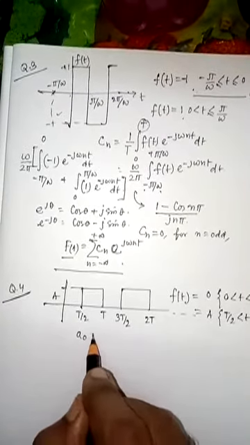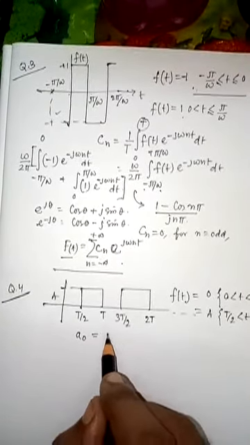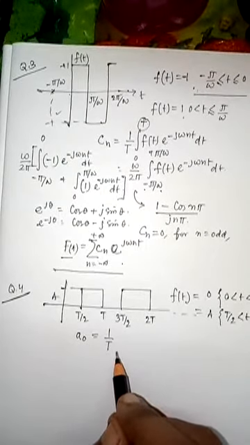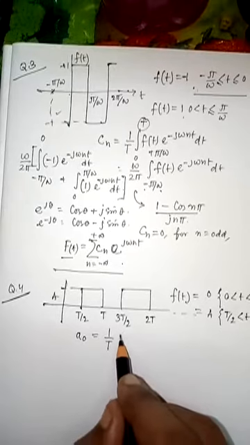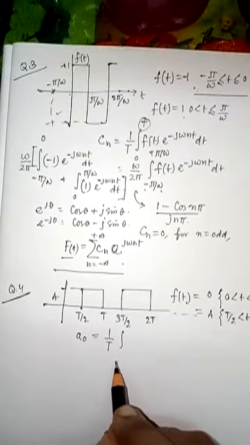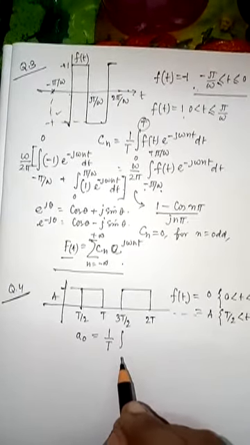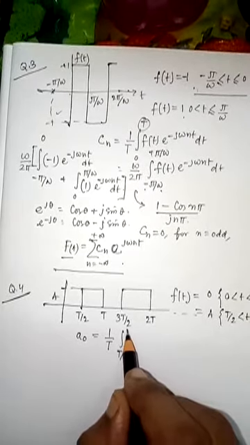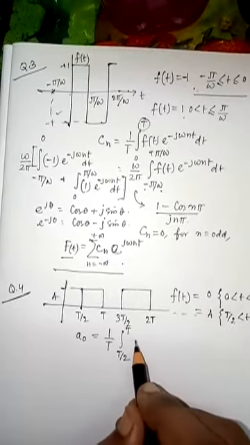So what is a0? a0 equals 1 by t, or 1 by t0 you can write it, integrating from 0 to t. Here you have to integrate from t by 2 to t. Why?